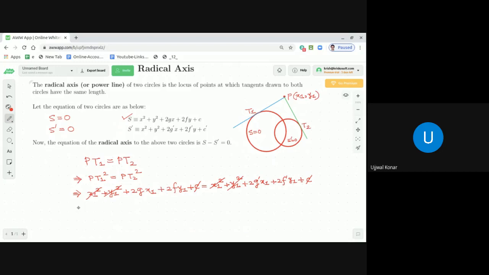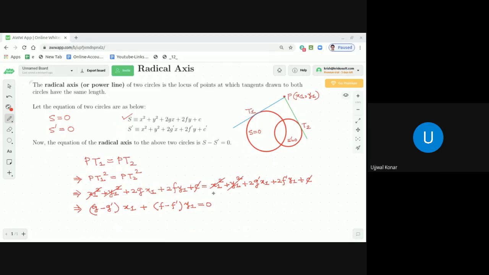And then what we are going to get is that 2 into g minus 2 into g dash, so we get g minus g dash into x1 plus f minus f dash into y1, that is equal to 0.